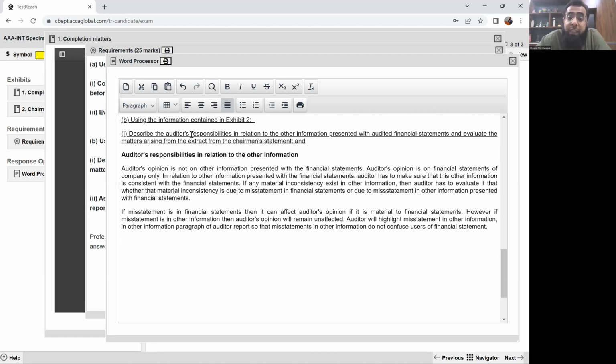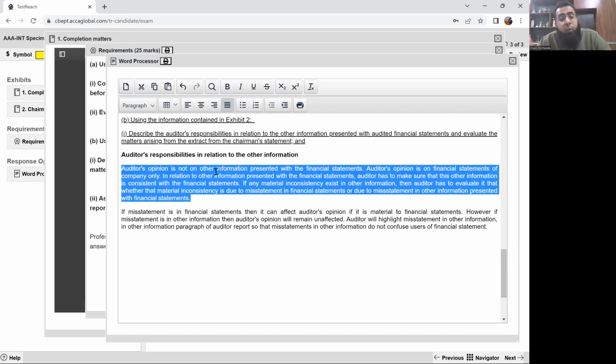First of all, we have to describe the auditor's responsibility in relation to other information presented with audited financial statements. So this was a general requirement. We said that the auditor's opinion is not on other information presented with the financial statements. The auditor's opinion is on the financial statements of the company only. In relation to other information, the auditor has to make sure that it is consistent with the financial statements. Okay, the auditor only makes sure that there is consistency.